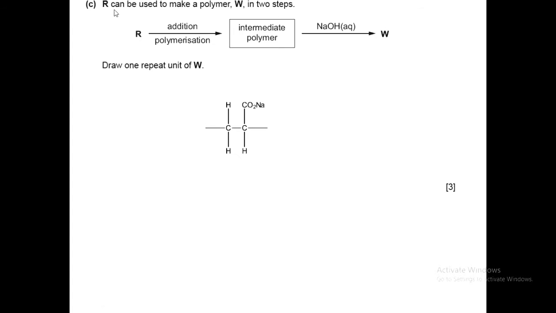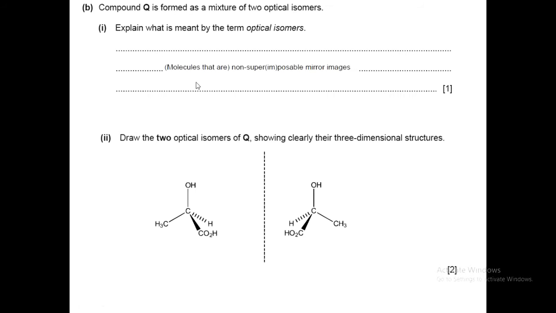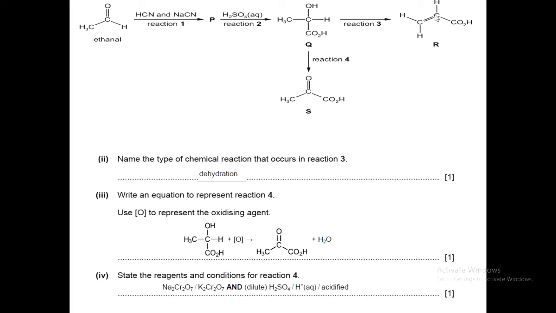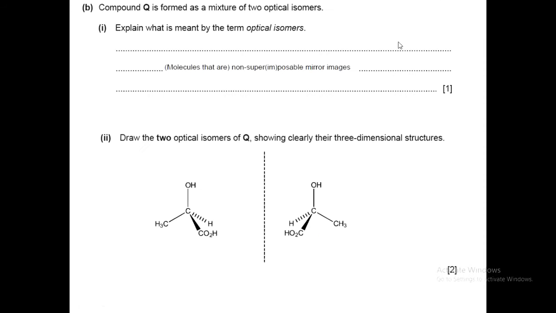In part C, R can be used to make a polymer W in 2 steps. R undergoes addition polymerization, an intermediate is formed, and that is reacted with sodium hydroxide to form W. Draw 1 repeat unit of W. If you look at the structure of R, it contains a carbon-carbon double bond. So what we have to do is make this carbon-carbon double bond a single bond and extend the bonds from the left and right side so as to make a repeat unit.